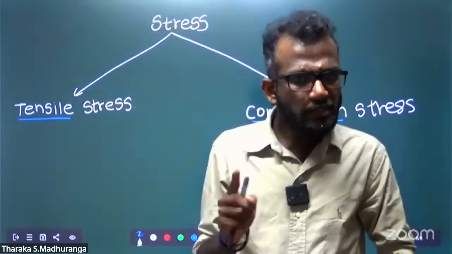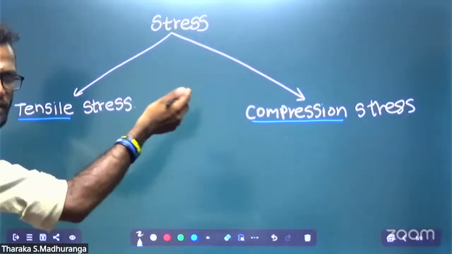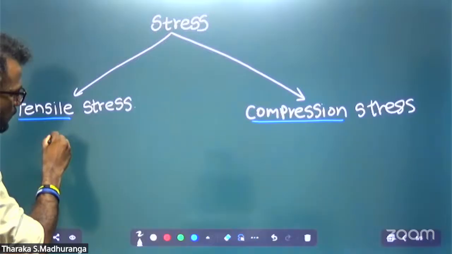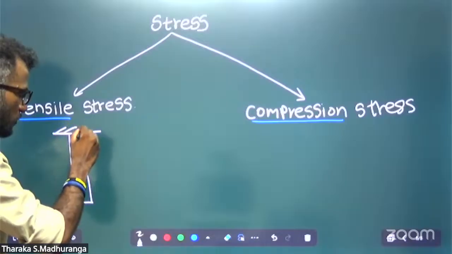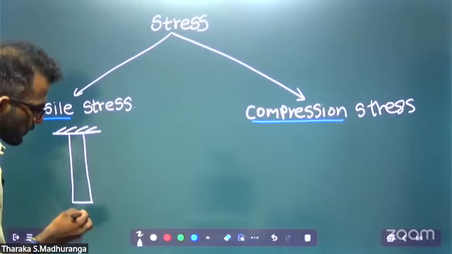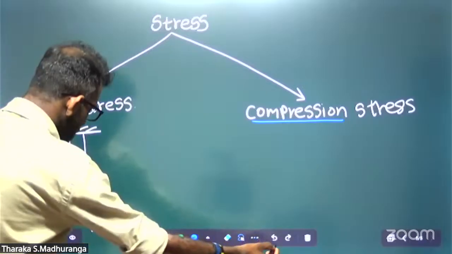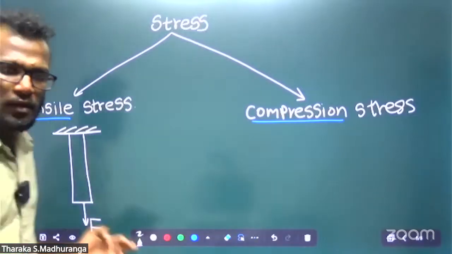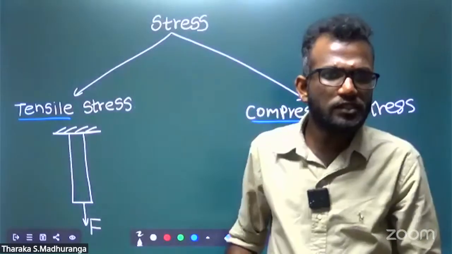I will explain the difference in a diagram. For tensile stress, think this is an object, a rubber or any elastic object. The perpendicular force acts like this. We call this a tension force, a tensile force.